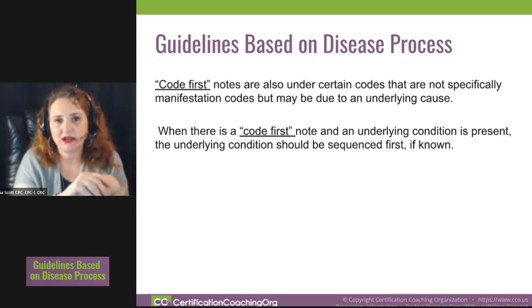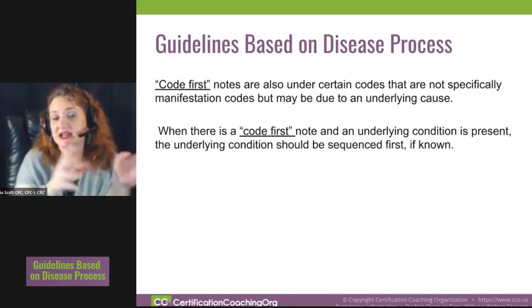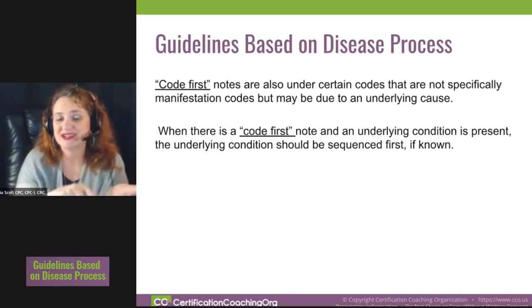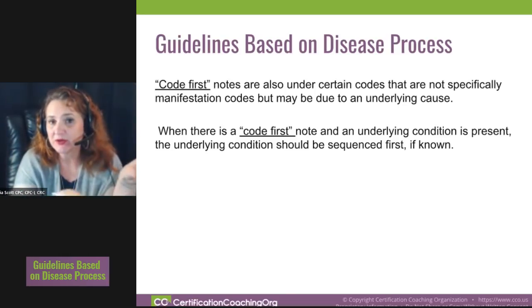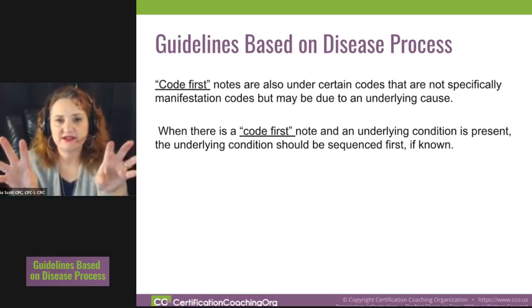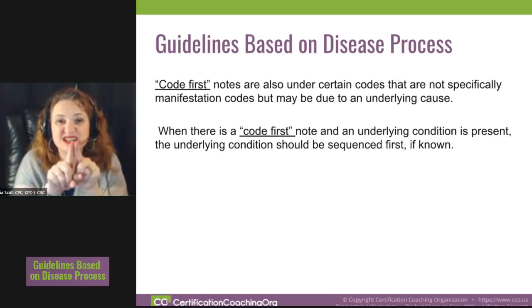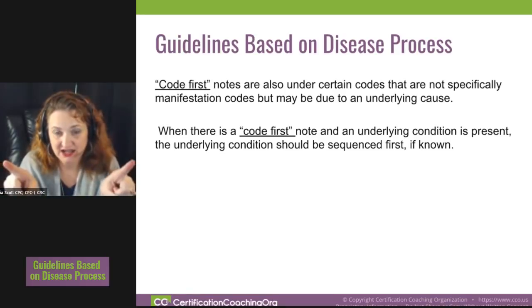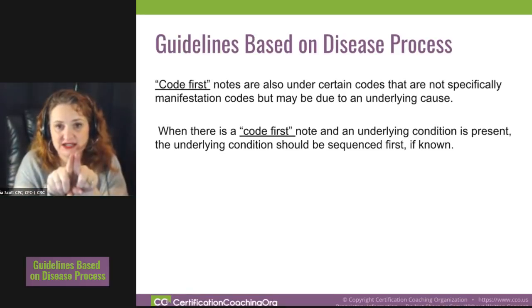But keep in mind that sometimes you'll have things that aren't applicable. Just because it says use additional code or code first, if that's not applicable, then we're not coding it. So let's think of a correlation for that. You have a patient that is diabetic and they have CKD, and the doctor has specifically stated that this is not linked.